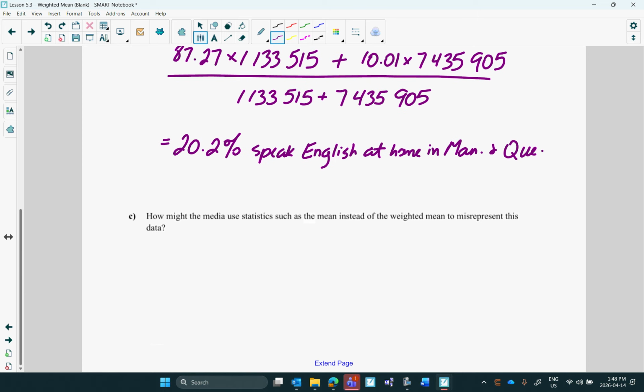So how might the media use statistics, such as the mean, which was A, instead of B, which was the weighted mean?